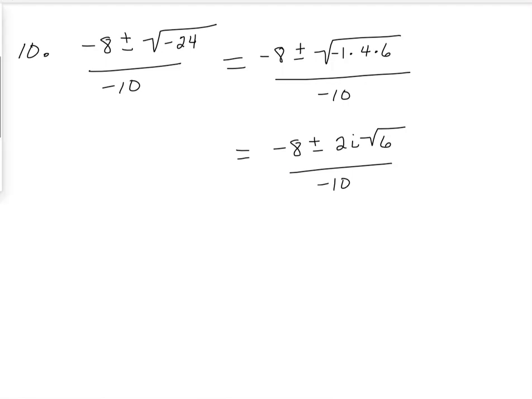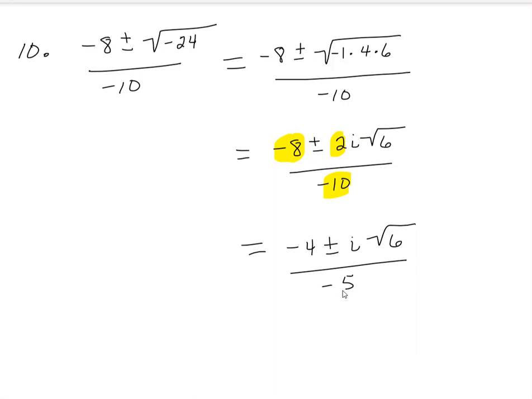The negative 8, the 2, and the negative 10 are all divisible by 2. So that gives me negative 4 plus or minus i times the square root of 6 divided by negative 5.